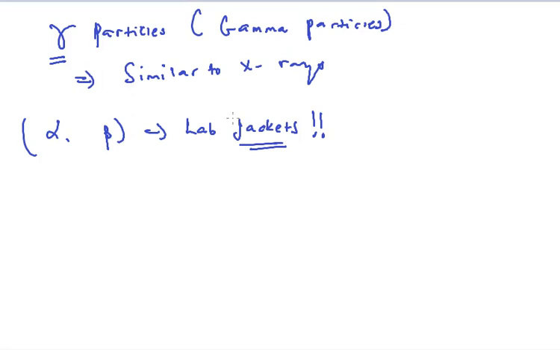His experiment is known as the gold foil experiment. What Rutherford did was use a source of alpha particles and place it at the mouth of a circular detector, and his goal was for the alpha particles to shoot through a piece of gold foil.